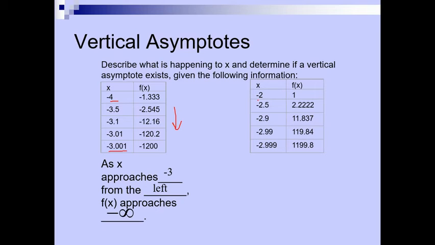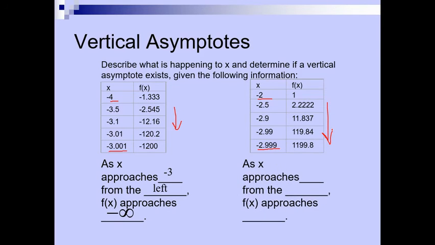Over here, we start at -2, and again we're approaching -3, but these values are getting larger and larger. So approaching -3 from the right, your y values go to infinity. So we do have a vertical asymptote at x equals -3.